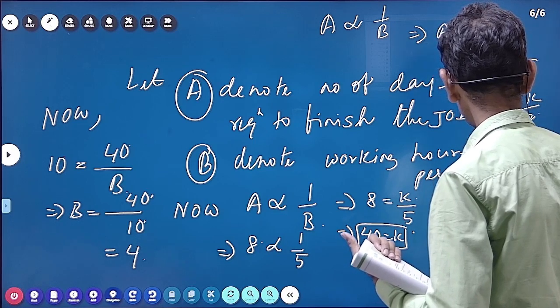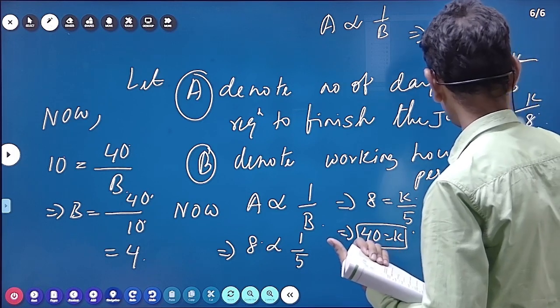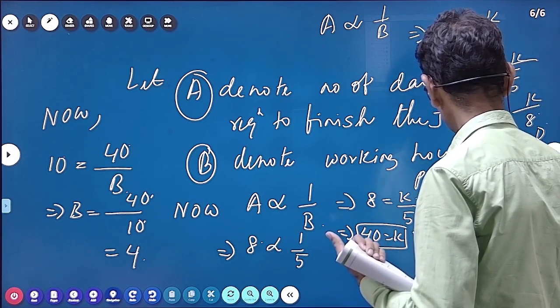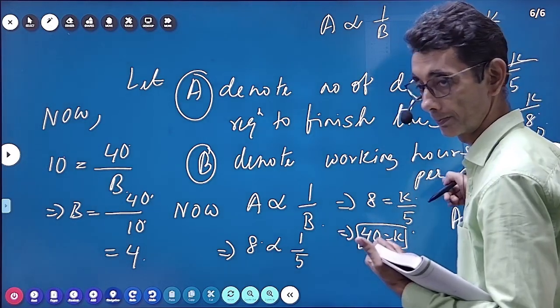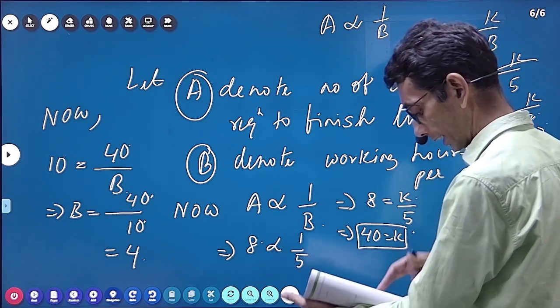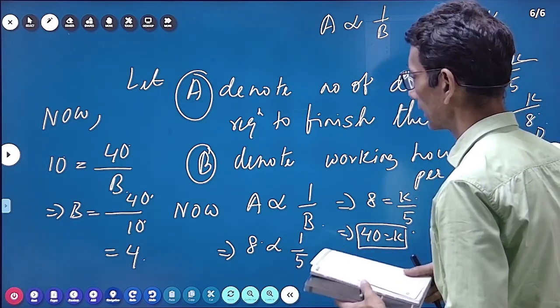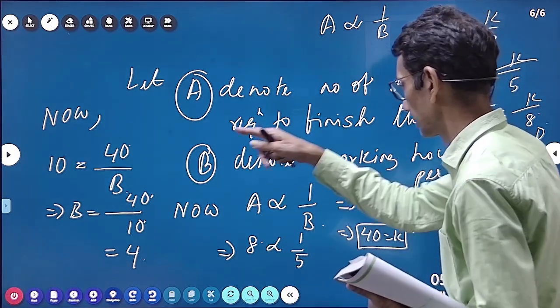So 8 times 5 is 40, K value is 40. Then you got the formula: A is equal to 40 by B. Now the second part says, right, the A value is given as 10.